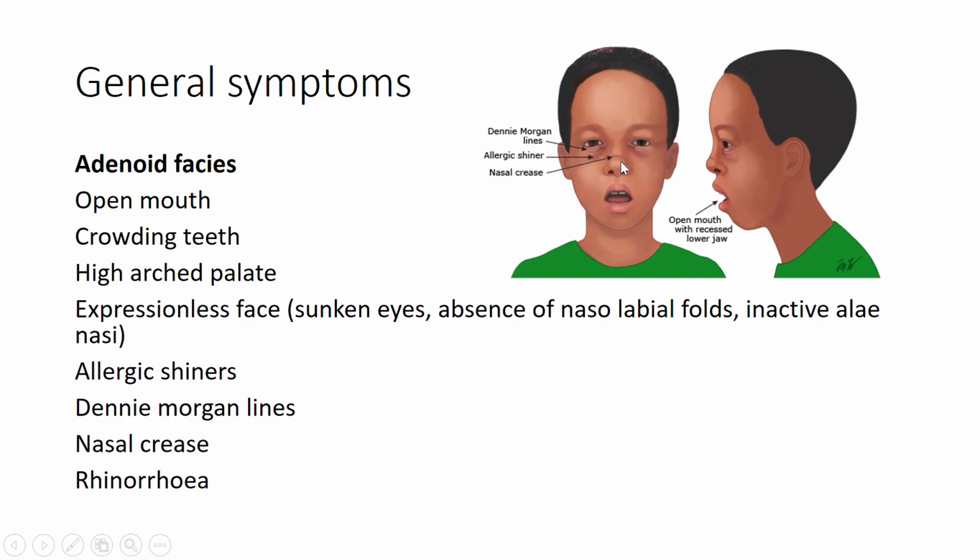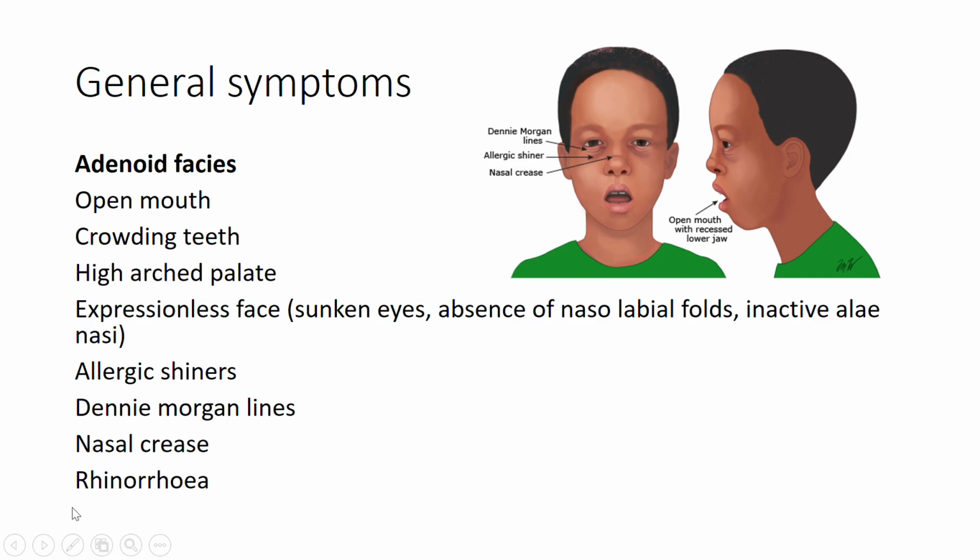And because of the continuous rubbing of the nose, there can be a horizontal line seen at the lower level of the nose. So this is called a nasal crease. If you see anyone with a nasal crease, you can easily say that this person may be having recurrent rhinitis or upper respiratory tract infection or allergies, because of which there is itching and the patient rubs his nose and this particular line is formed.